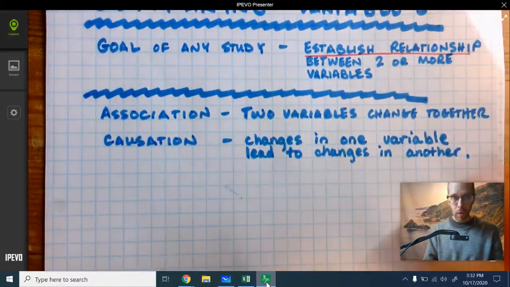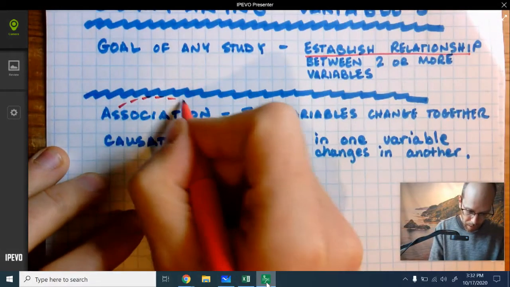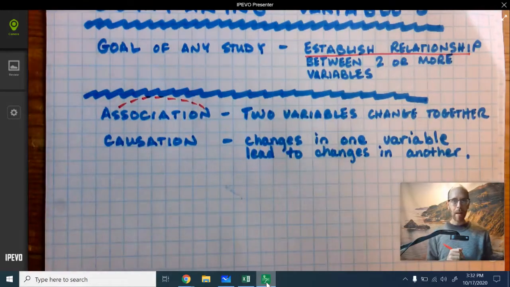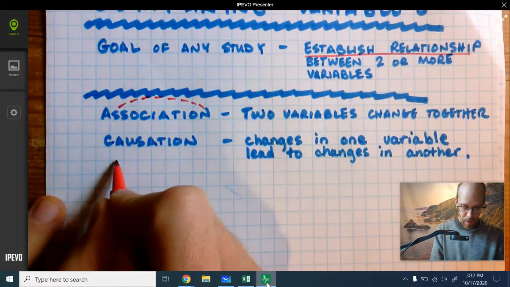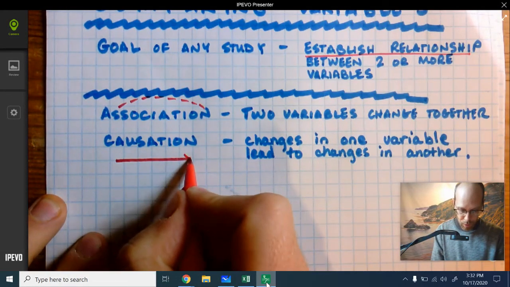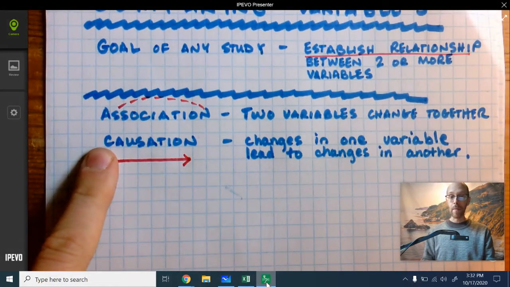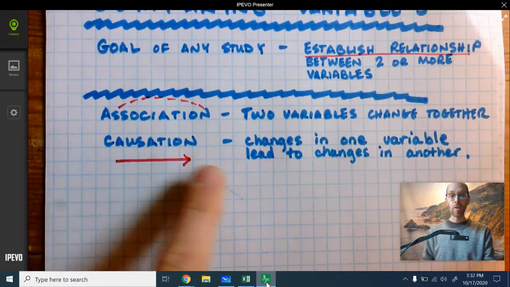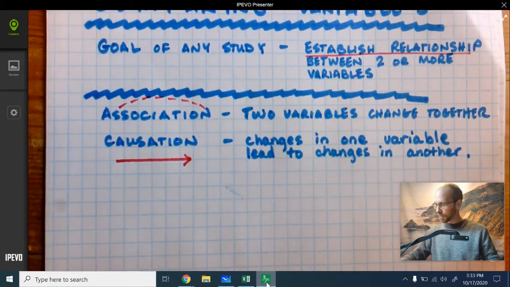We use symbols to talk about these. When I talk about two things that are associated, I'm going to use a little dashed curvy line like that. And when I want to suggest that one variable causes another variable, I'm going to draw a solid line with an arrow running from the variable that causes to the variable that receives the effect.